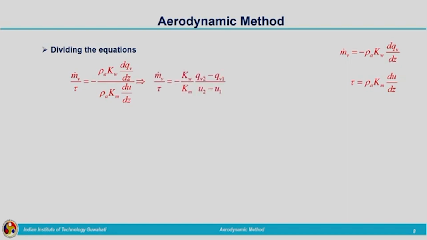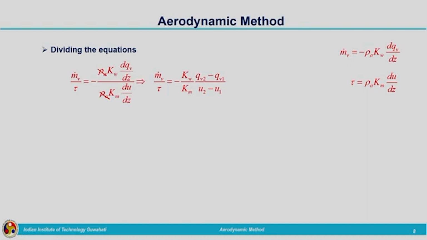So, mv dot divided by tau is equal to minus, rho a gets cancelled, kW by km, and for dQV by dz and du by dz we will write the difference equation. Z2 minus Z1 gets cancelled, and our expression takes the form QV2 minus QV1 divided by U2 minus U1, that is mass transport divided by momentum transport.